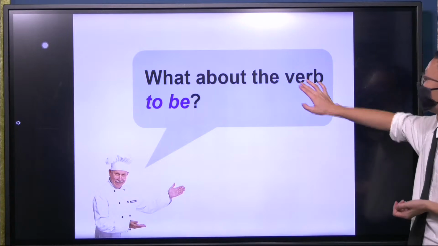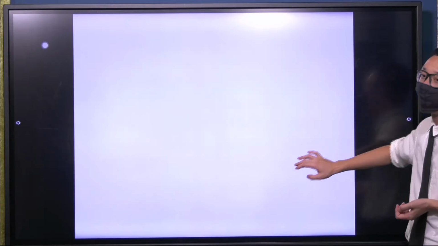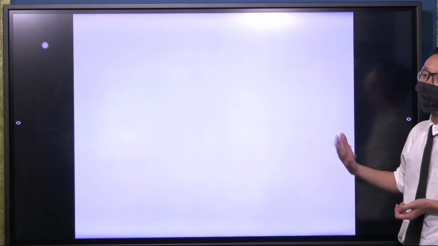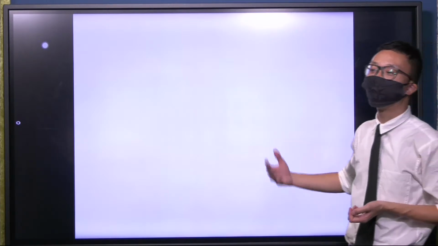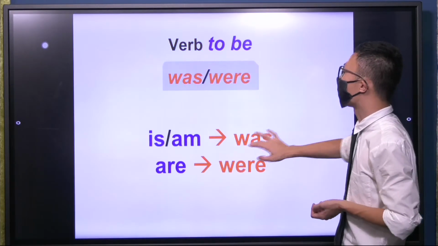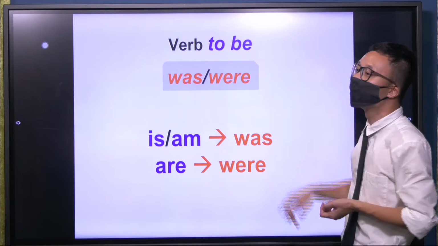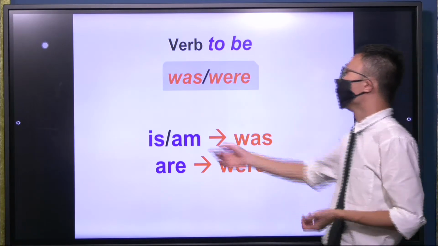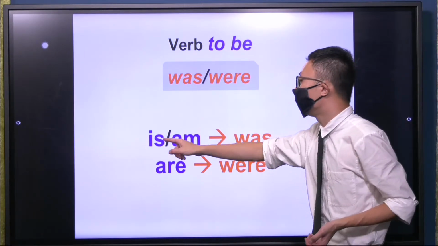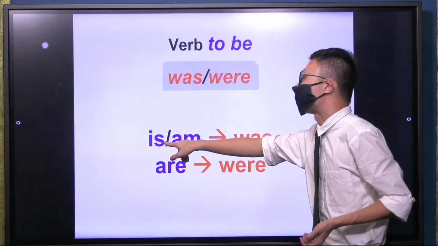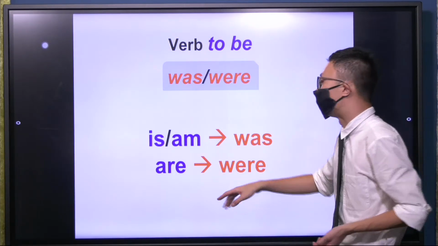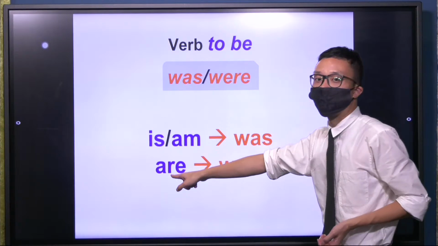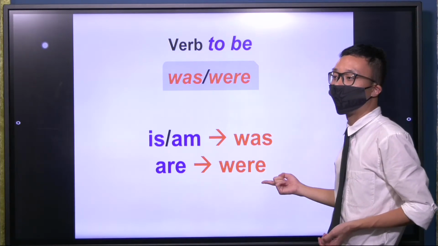Okay. So the word be, to be, as I mentioned, has different variations. In present tense, we have am, are, is. And for past tense, we have was and were. So it's simple to remember. I, am and is become was in the past tense. And are, we change it to were.